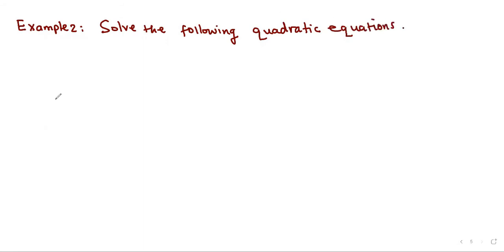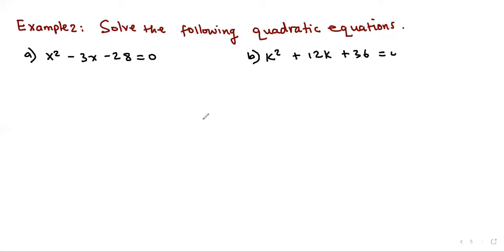Okay, so for part A, let us have x squared minus 3x minus 28 equals 0. And let's have part B as k squared plus 12k plus 36 equals 0.